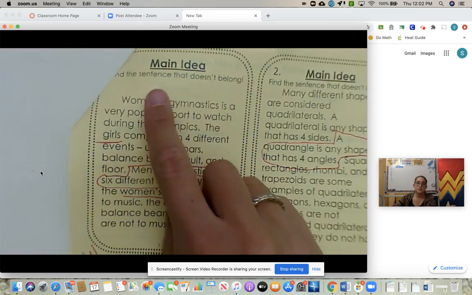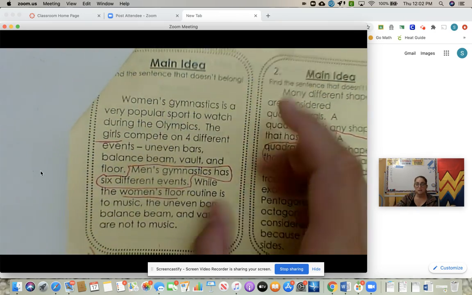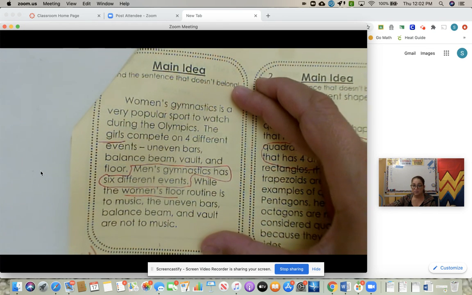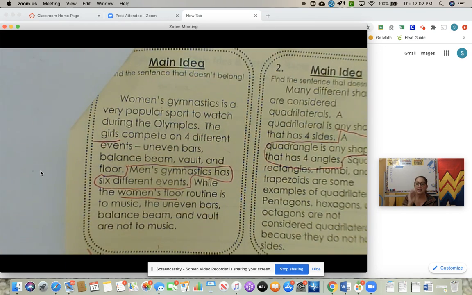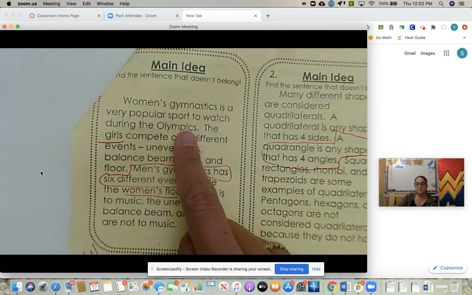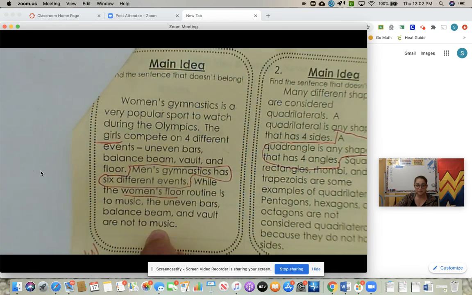So what we need to do is find the sentence that doesn't belong. So you should have already read it. So when we are talking about our main idea, if you are just finding the main idea of a paragraph, typically 99 out of 100 times, your topic sentence will have your main idea of that paragraph.